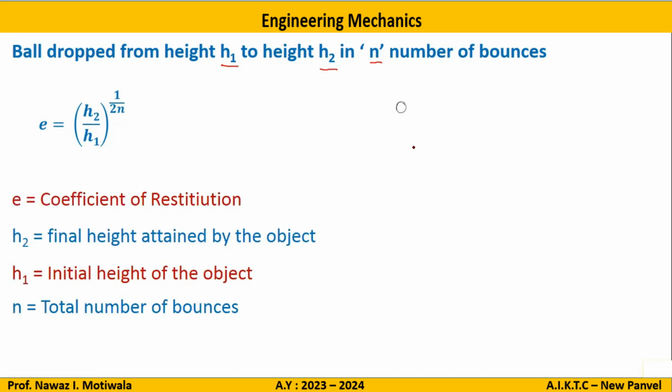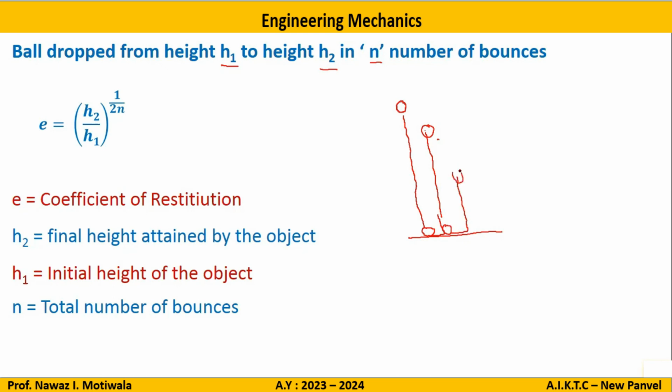Now let us see an example. Let us say this is the ground and there is a ball here, and this is dropped on this surface. After hitting this surface, this ball will rebound, and after rebounding, let us say it reaches the height of this one. Then again it will come down here, and again it will rebound, and it will reach some height.